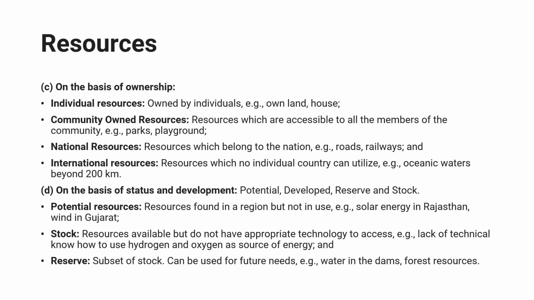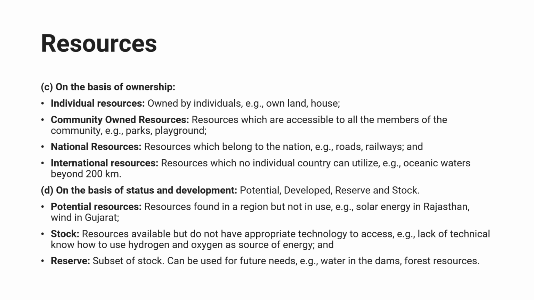On the basis of status and development, there are four types: potential, developed, reserved, and stock. Potential resources are found in a region but not in use, for example, solar energy in Rajasthan, wind in Gujarat.